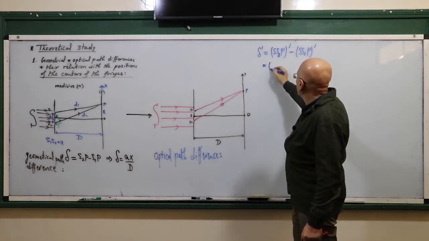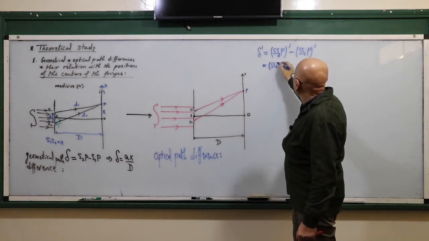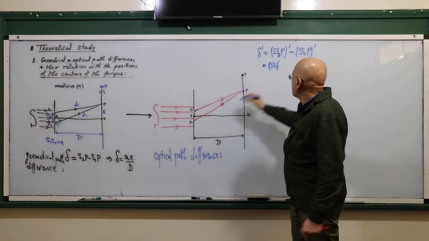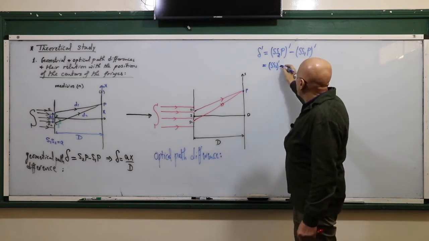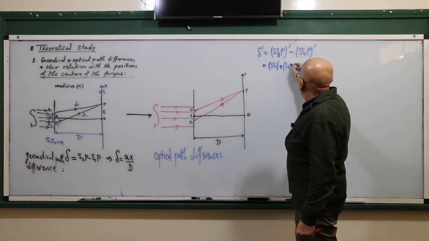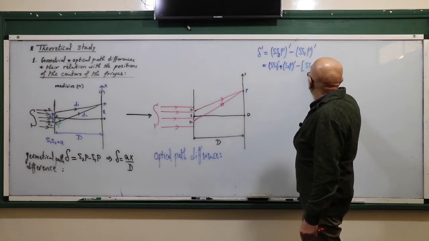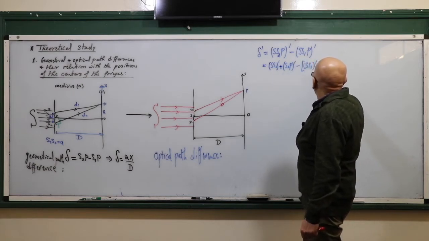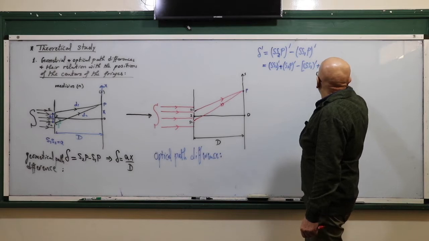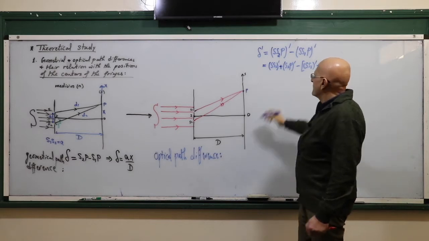SS2P prime is equal to SS2 prime plus S2P prime minus S1 prime plus S1P prime, okay?